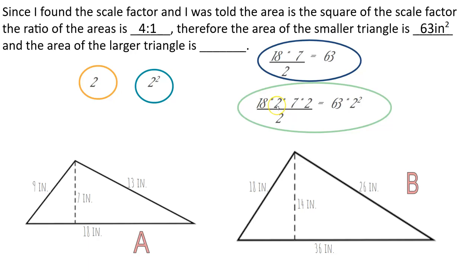If you look, you have 2 times 2, which is the same as 2 squared. 18 times 7 is 63. 63 times 2 squared is the same as the scale factor squared. 63 times 2 squared gives me 252 inches squared.